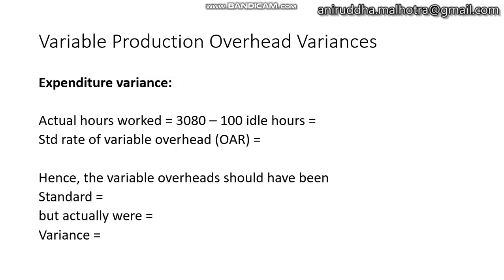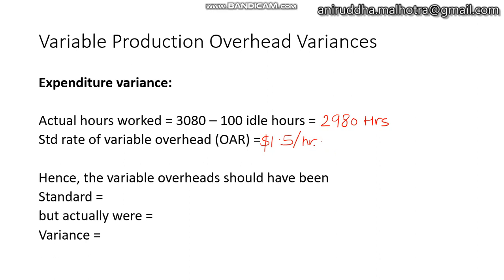So expenditure variance here, first of all, remember we are only going to consider the actual hours worked. So out of 3080 hours, 100 were idle. So that means the actual hours worked were 2980 hours. Now your standard rate of variable overhead, or your overhead absorption rate, was $1.5 per hour.